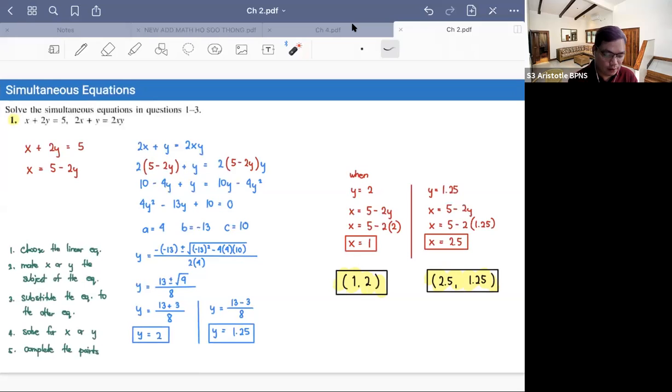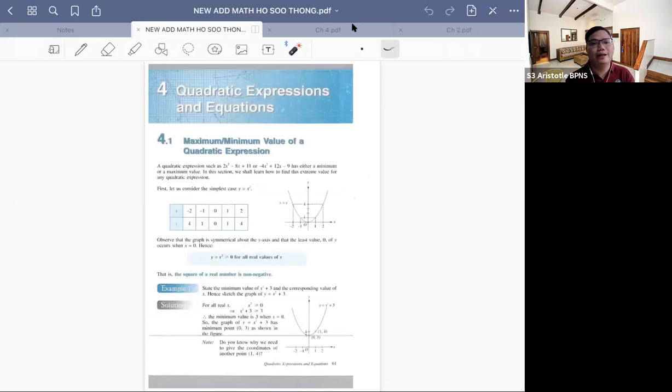Chapter 4 is about quadratic expressions and equations. So basically, class, we already had this back in e-maths. You had a test about this one. But of course, this is additional math, so it's a much deeper understanding of the concept about quadratic expressions and equations. If you have your book, page 61.